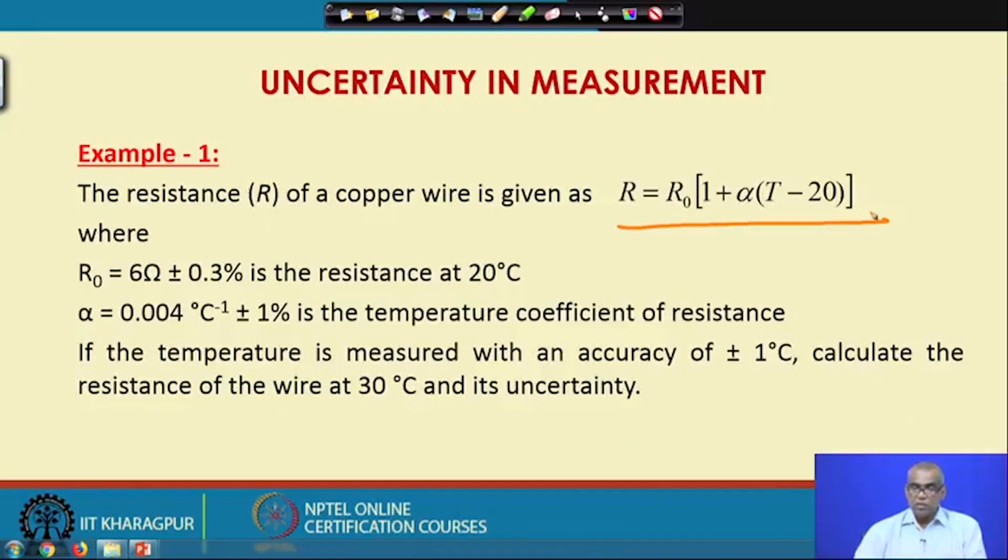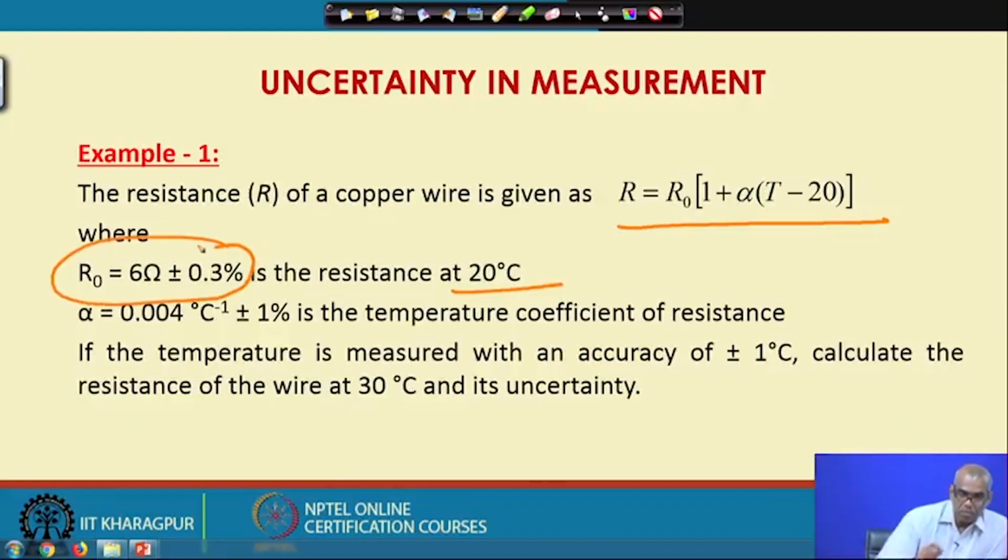Here R 0 is 6 ohm plus minus 0.3%, and this is the resistance at 20 degree Celsius. Note, the uncertainty in R 0 is expressed as plus minus 0.3%.